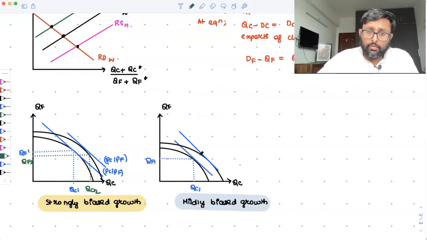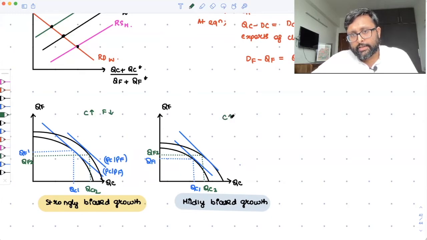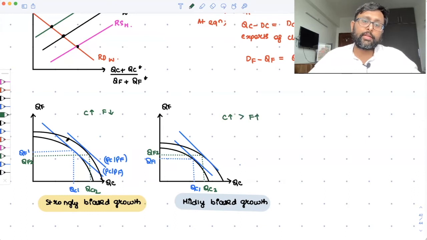And with growth, both sectors have increased. But the increase in one sector is more than the increase in the other sector. So here, the cloth sector is increasing and the food sector is decreasing. Here, the cloth sector is increasing, the food sector is also increasing, but the increase in the cloth sector is more than the increase in the food sector, right?